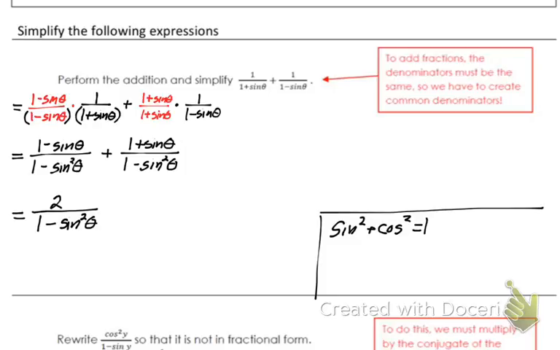In order to have 1 minus sine squared, I need to subtract sine squared from both sides, which tells me that cosine squared equals 1 minus sine squared. So 1 minus sine squared just equals cosine squared. So this is just 2 over cosine squared theta.